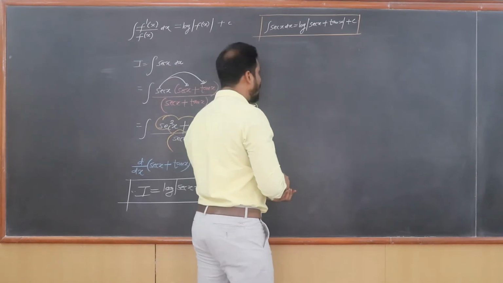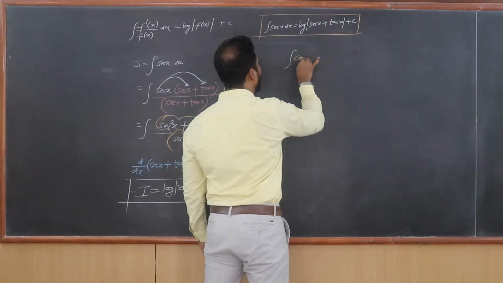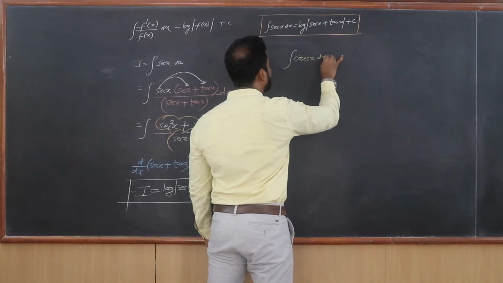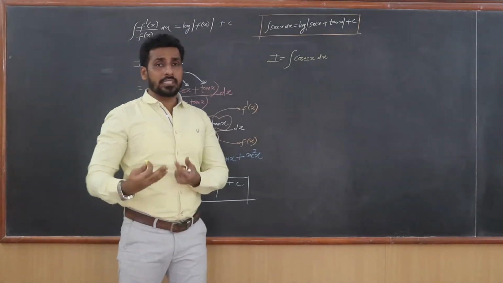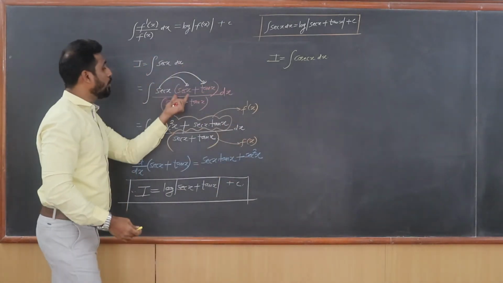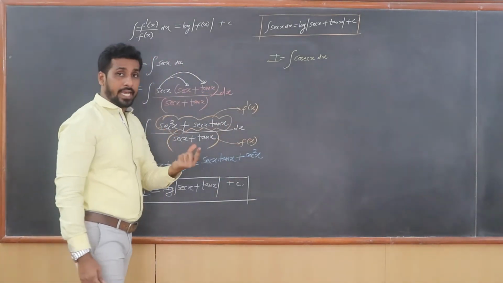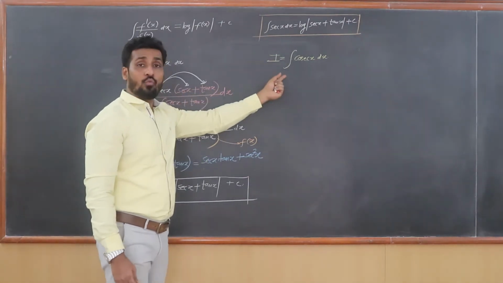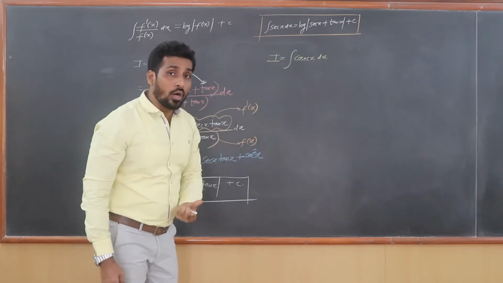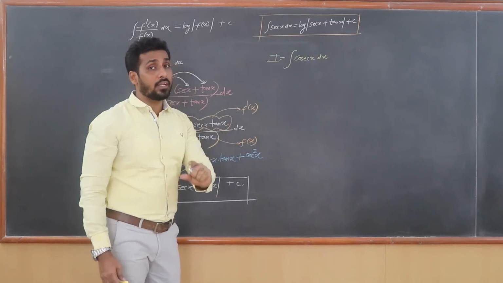So students, now I have to get integration of cosec x dx. As I said, you need to have a different approach to get the integrals of sec and cosec. In sec, what did you get? Sec x plus tan x. What we'll do here is we'll get a new term which is called cosec minus cot.